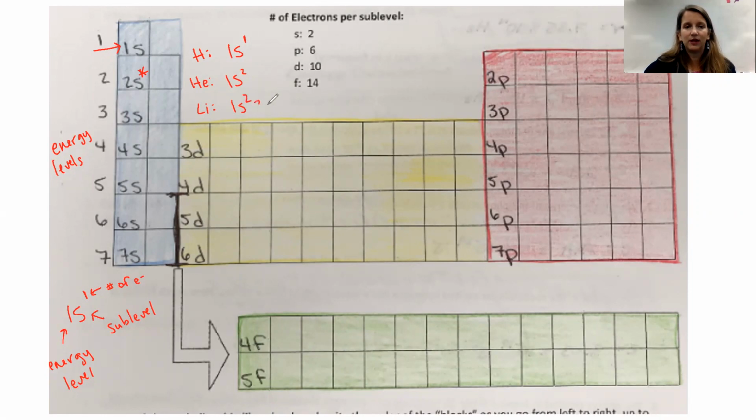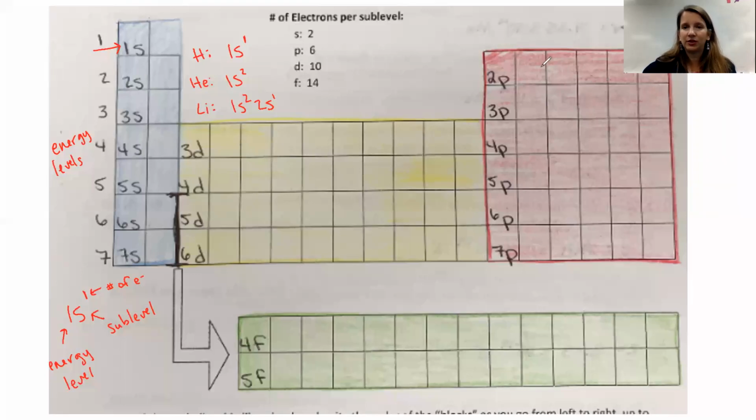So then it's going to be 2s1. Because these superscripts represent the number of electrons, when I add these together, I get 3, which is the atomic number of lithium. So you can always add your superscripts together to make sure that you have accounted for all of the electrons for that particular atom.